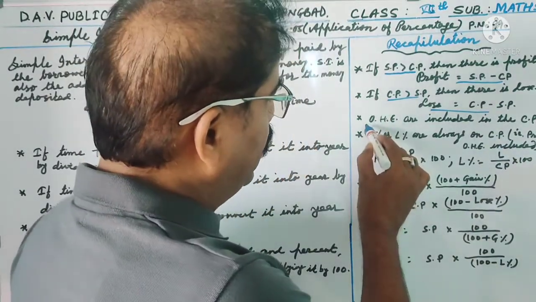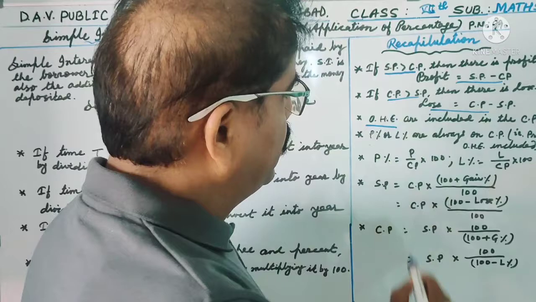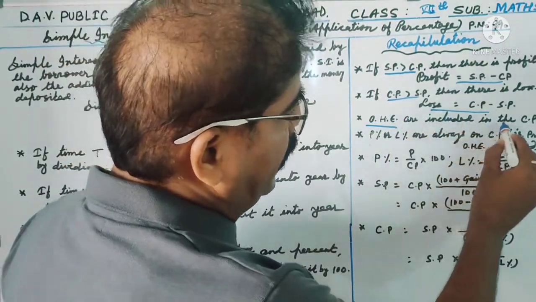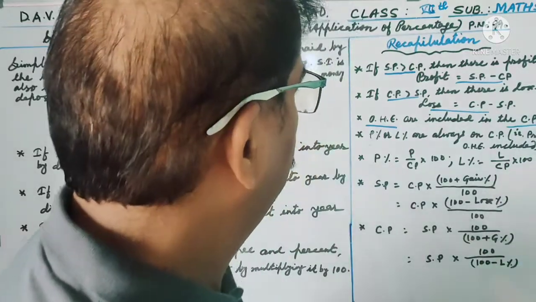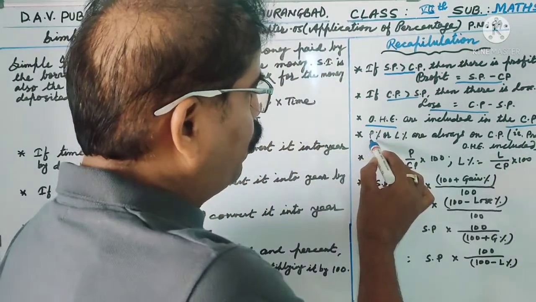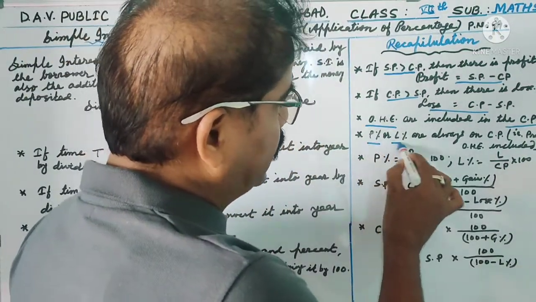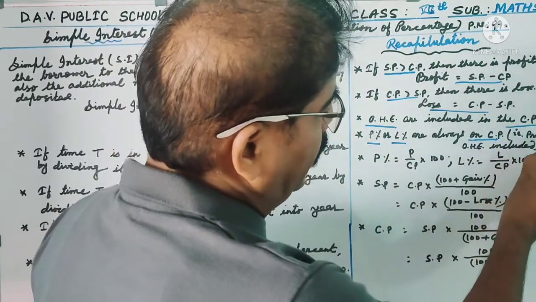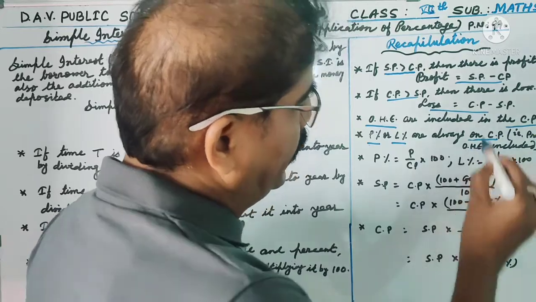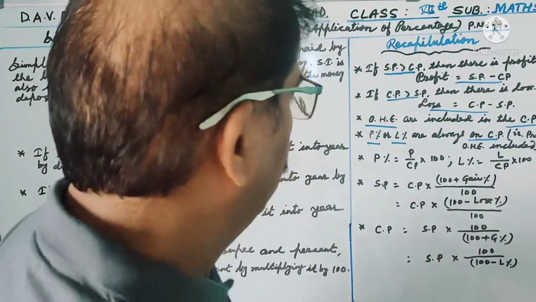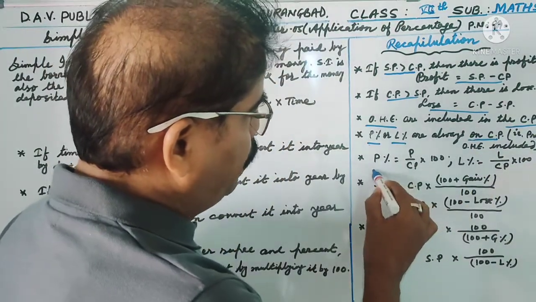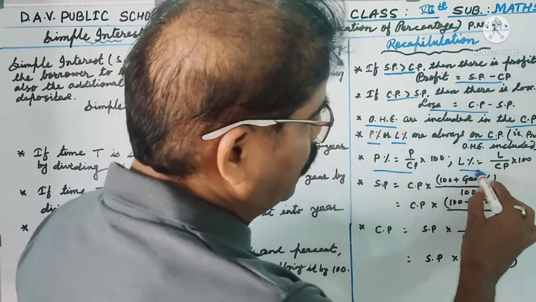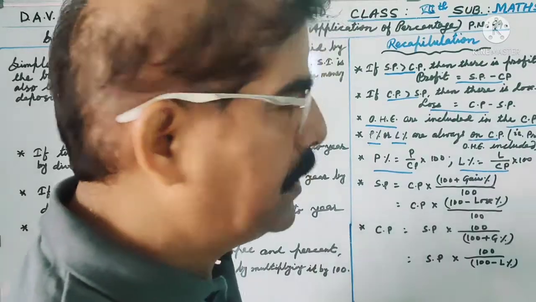Overhead expenses are also always included in the CP, and profit percent or loss percent are always on CP, including overhead expenses. Profit percent equals profit by CP into 100, and loss percent equals loss by CP into 100.